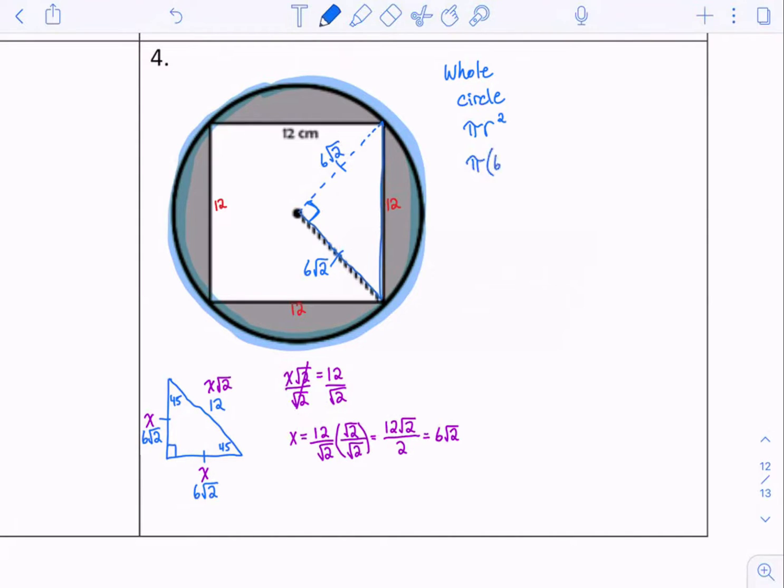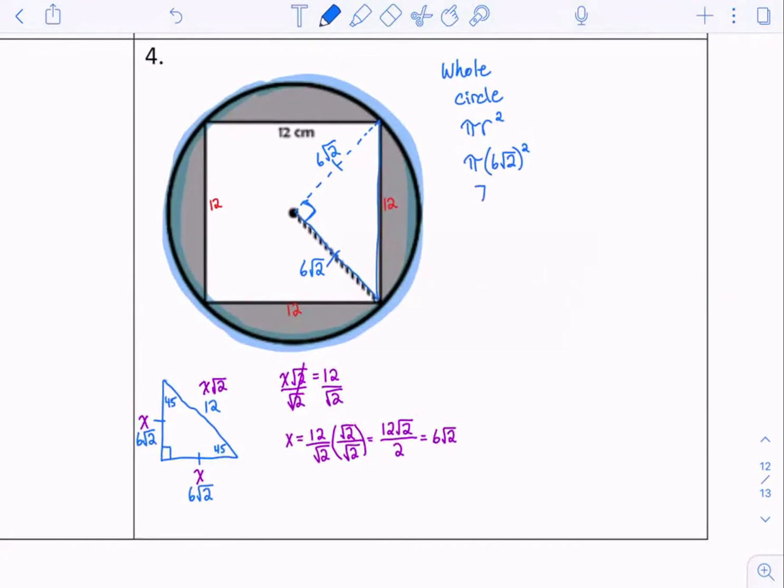So pi times 6 rad 2 squared. So 6 rad 2 squared is 72. So we have 72 pi.